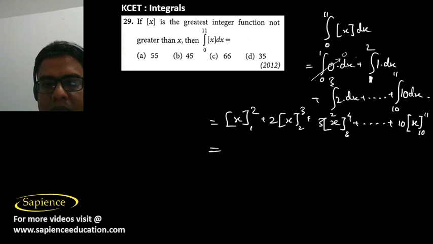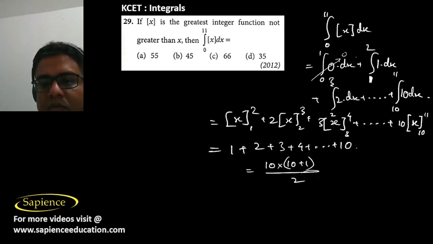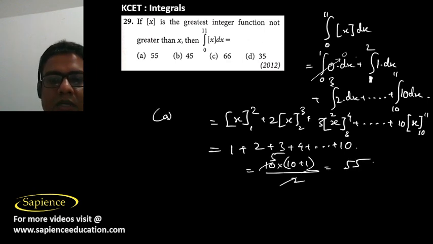So this will be 2 minus 1, that is 1, plus 2 into 3 minus 2, that is 1, plus 3 into 4 minus 3, that is 3, plus 4, and then at the end it will come 10. So 1 to 10 we have to add, that is n into n plus 1 by 2. 2 5s are 10, 5 into 11, that is 55. So option A is the correct answer.